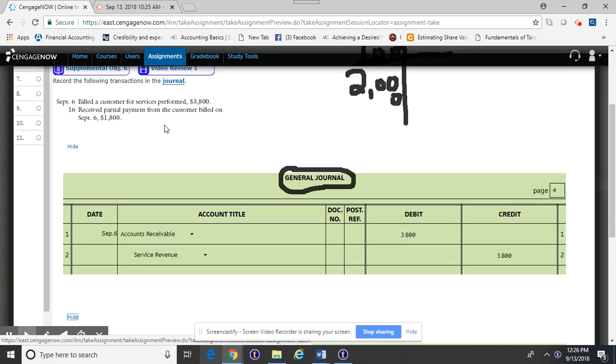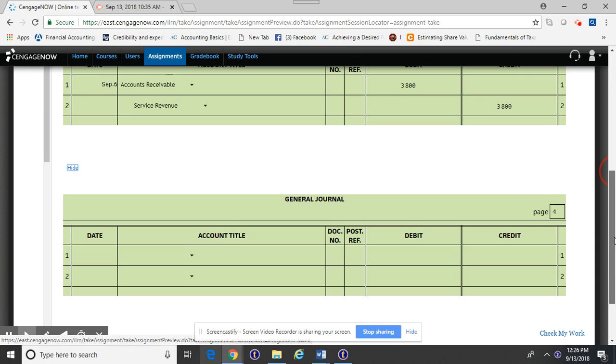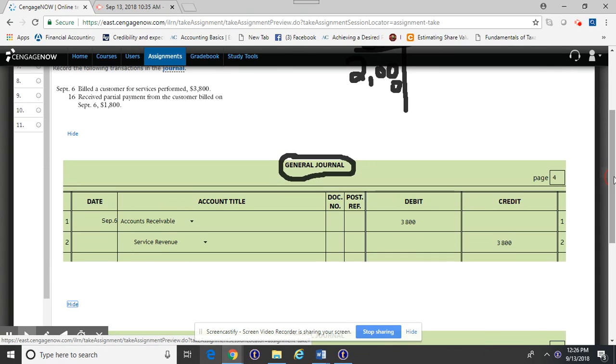The next one, it says we received partial payment from the customer billed on September 6th. So now, 10 days later, September 16th, this is related to the same transaction. This customer now pays us some money. They're still going to owe us some money, but they pay us $1,800. Okay, so we received partial payment. What did we receive?